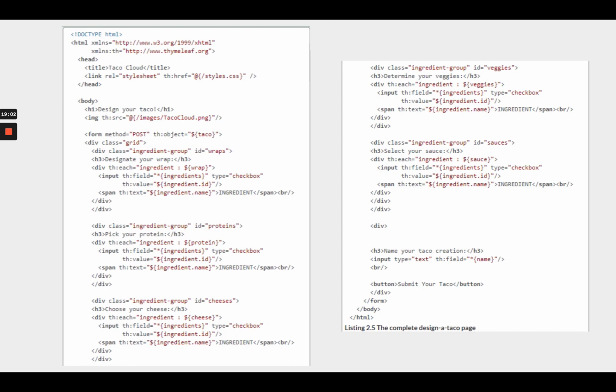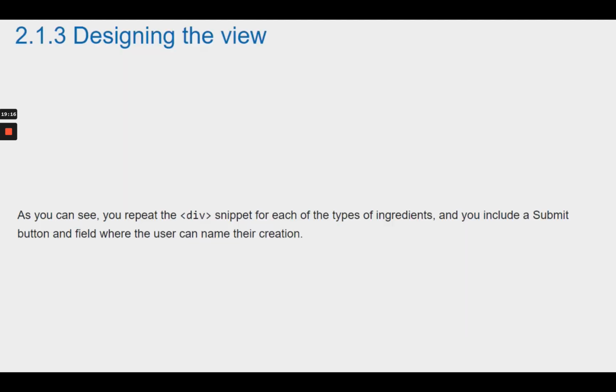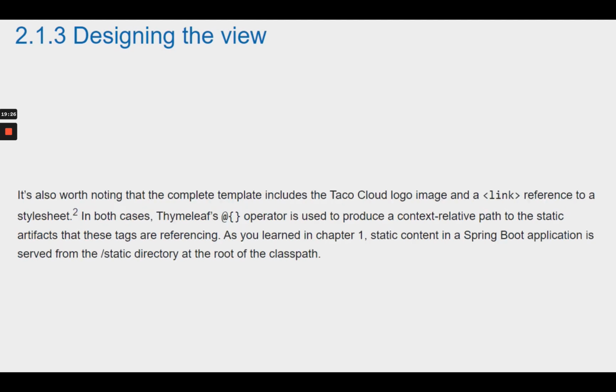Ultimately, the preceding Thymeleaf snippet is just part of a larger HTML form through which your taco artist users will submit their tasty creations. The complete Thymeleaf template, including all ingredient types and the form, is shown in the following listing. As you can see, you repeat the div tag snippet for each of the types of ingredients, and you include a submit button and a field where the user can name their creation.